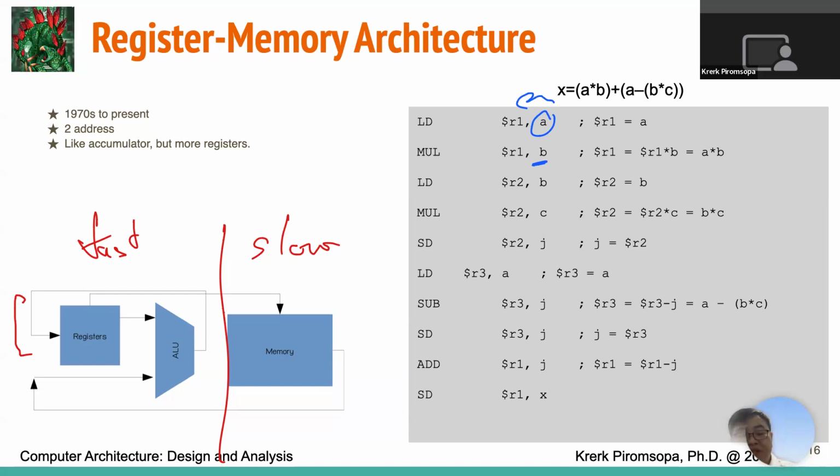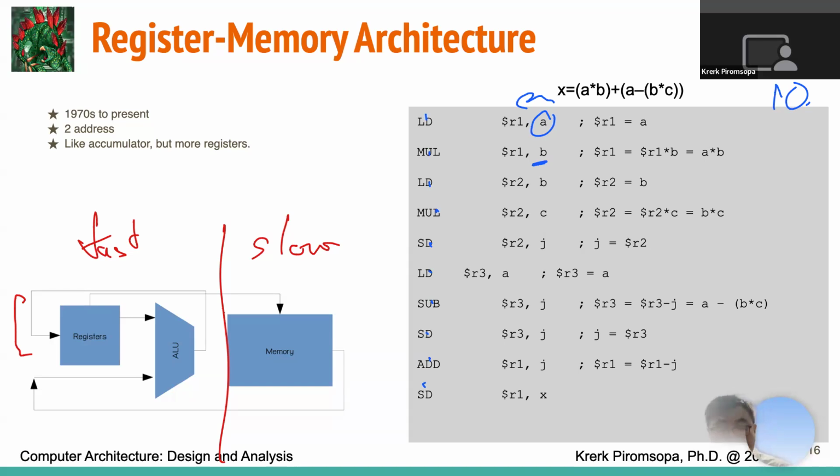Do the same operation. How many instructions? 1, 2, 3, 4, 5, 6, 7, 8, 9, 10. We go back to 10 instructions. But is this a good idea now? Think about it. Still, this is not a good idea. Why?